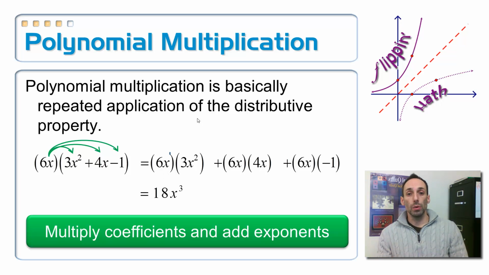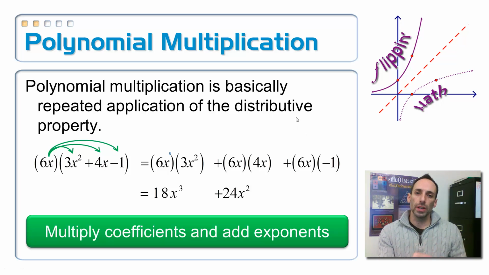The second one, the 6 times the 4 gives me 24, x times x gives me x squared, and then the last one, 6x times negative 1 gives me a negative 6x. There you go. So there's the first example of polynomial multiplication.